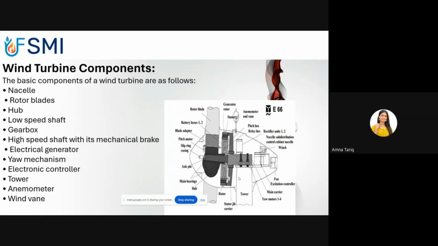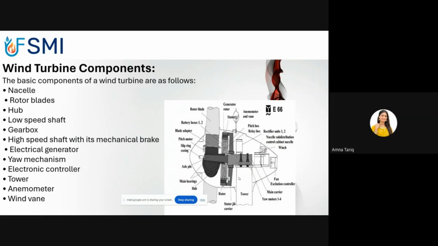If you don't know these components, then you cannot understand the working process and construction of the wind turbine. So one by one, we will discuss them in detail because it is very important.